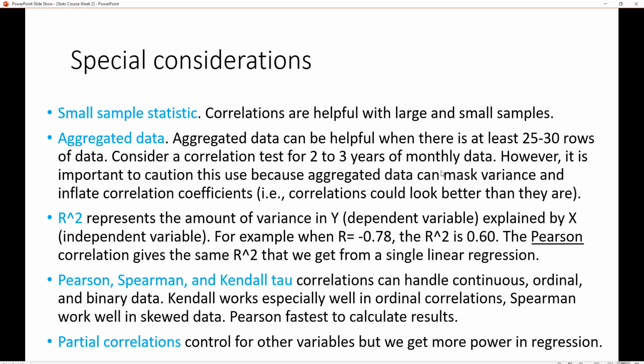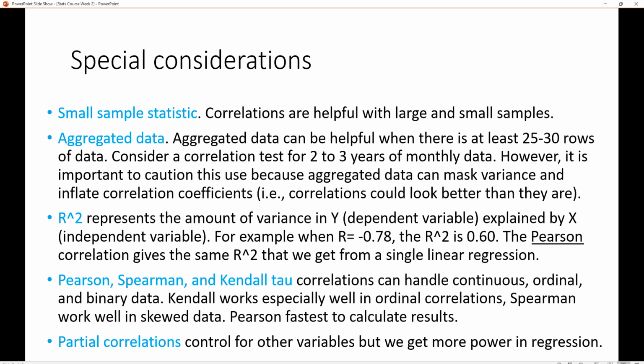So what we can do in this situation is if you have 2 or 3 years of monthly data, you can also look at that trend over time. So for your month, if it's coded as 1 through 24 for a 2-year period, or 1 through 36 for a 3-year period, you can then put next to it the aggregated value for each month, and you can get a correlation, and that correlation can tell you if that trend's going up or down.